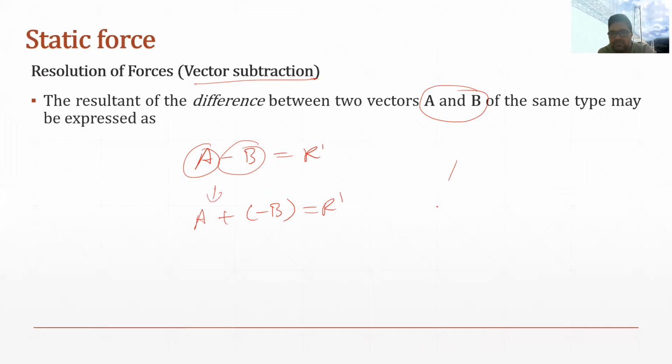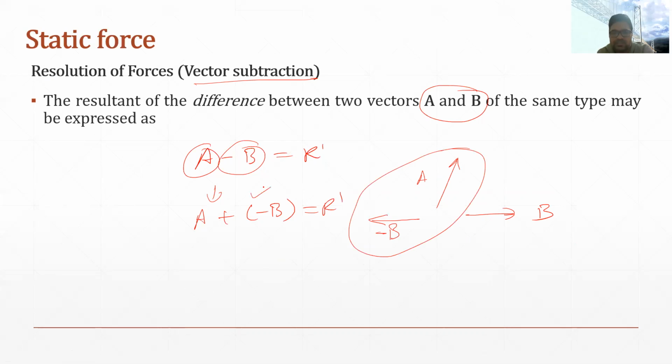So you can see this is force A and say this is force B. If I have to find the negative of B, then obviously negative of B will be in the opposite direction. So I can write this as negative of B. In that case we will add these two forces.